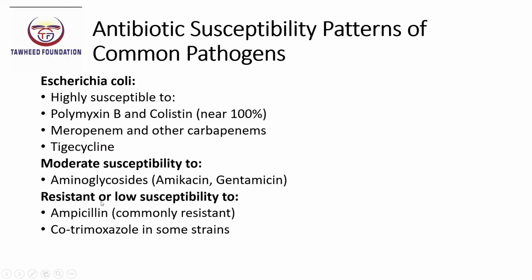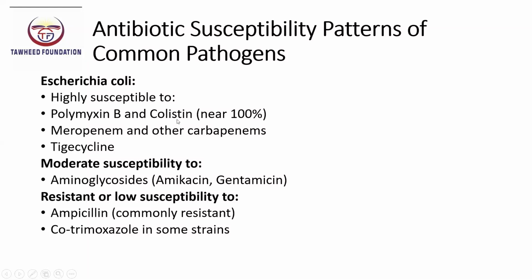Next is E. coli. E. coli is a major gram-negative pathogen responsible for urinary tract infections, bloodstream infections, and several other clinical syndromes. It has developed significant resistance to commonly used antibiotics, posing challenges to effective treatment.